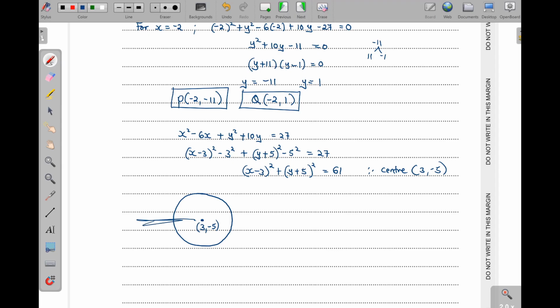Negative 2 has to be on the left, and then negative 11, so it has to be down. In fact, that is the line x is equal to negative 2. That is x is equal to negative 2. So this is point P, which is negative 2, negative 11. And then Q has to be this one, which is negative 2, 1.